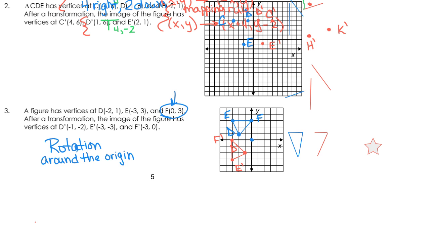All right, so next thing we have to figure out is how many degrees we rotated. Rotations are going to go the same way the quadrants go, which is counterclockwise. And so I think if we take this blue triangle and just turn it a 90-degree rotation, it's going to fall on that red one. So we're going to say that it's a rotation around the origin of 90 degrees.